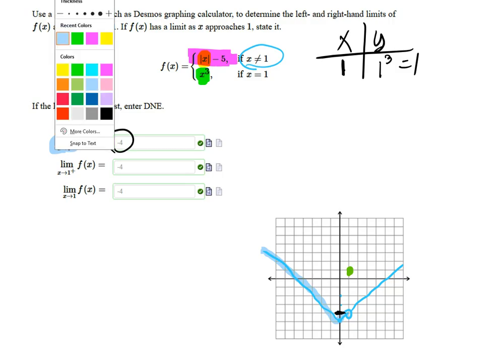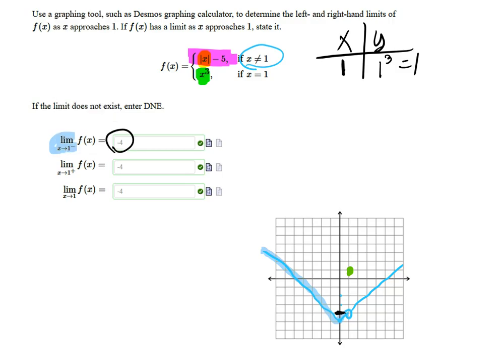And when you find the limit as x approaches 1 from the right, you're coming from this direction, heading to that exact same point, which again has a y coordinate of negative 4. Since the limit from the left equals the limit from the right, that is the limit, period.